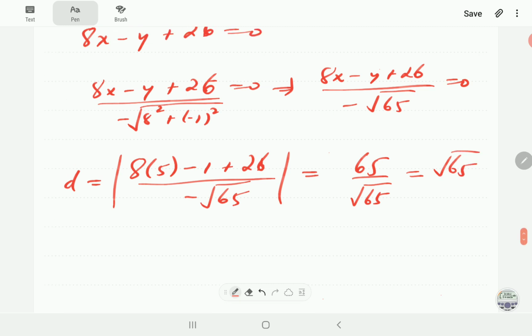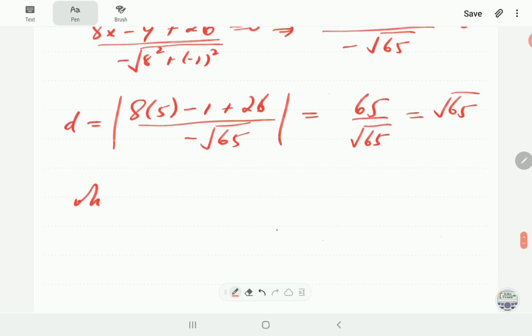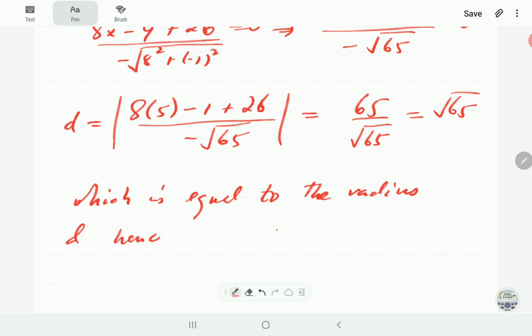And this is equal to the radius, and hence the line L is a tangent to the circle. Okay.